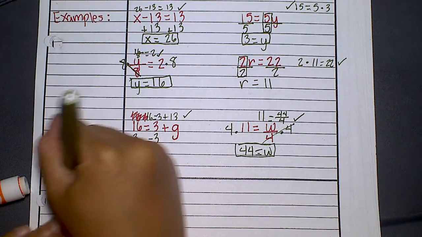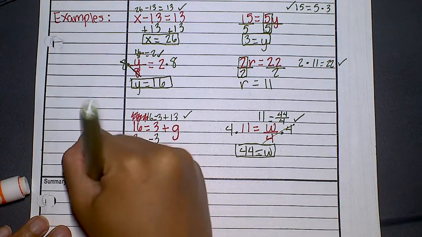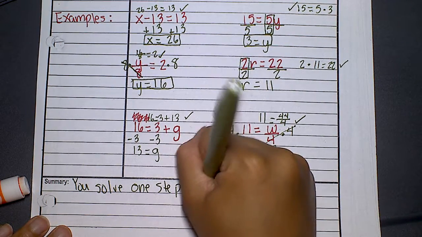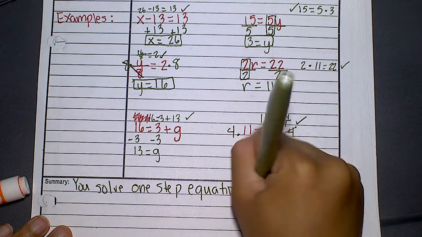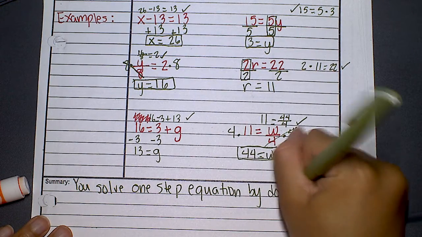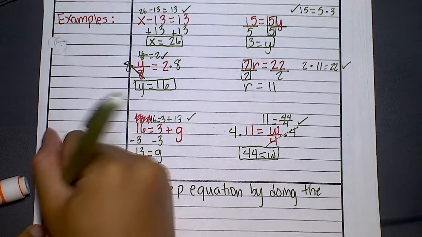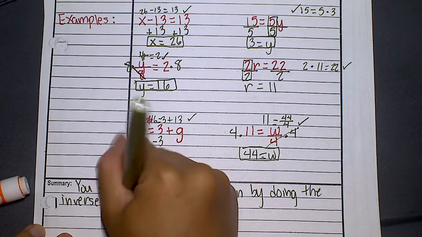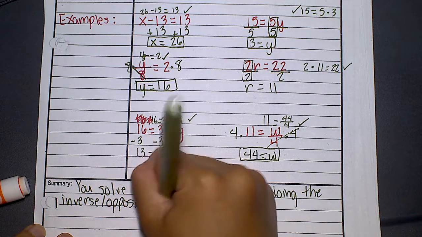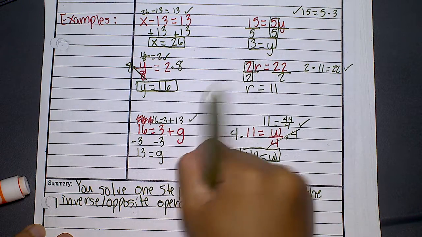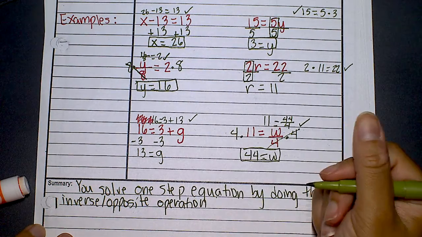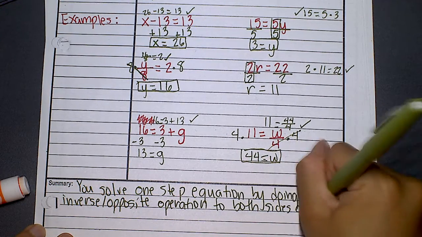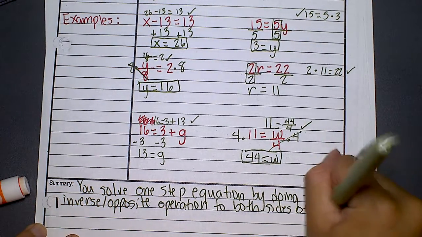So our summary would be, you solve one-step equations by doing the inverse/opposite operation to both sides of the equation.